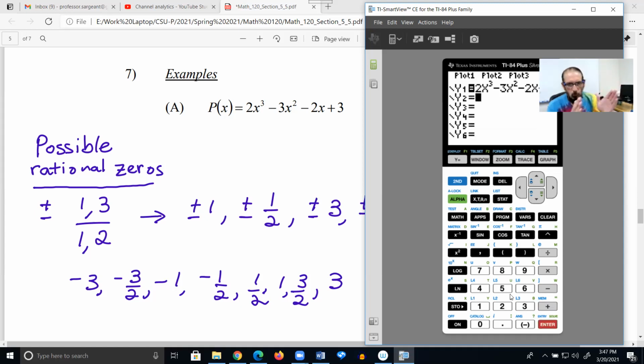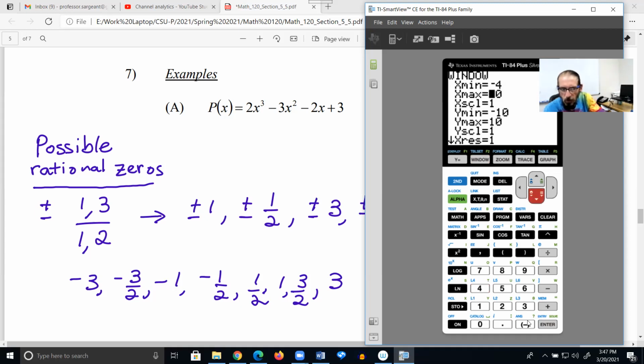Now, you could have irrational zeros, but since I put these in order, if we have rational zeros, integer over non-zero integer, then they'd have to be between -3 and +3. So I'm going to choose a window that goes a little bit further left and a little bit further right, -4 and +4 here.